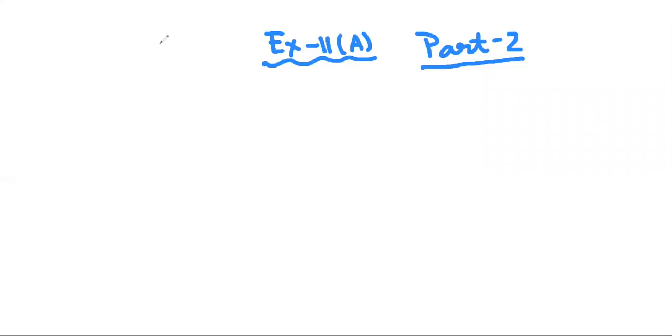So let us start today's video with question number 6. State the order of rotational symmetry for the following. So here is a figure in part A. This is the figure given in part A, and we have to tell the order of rotational symmetry.